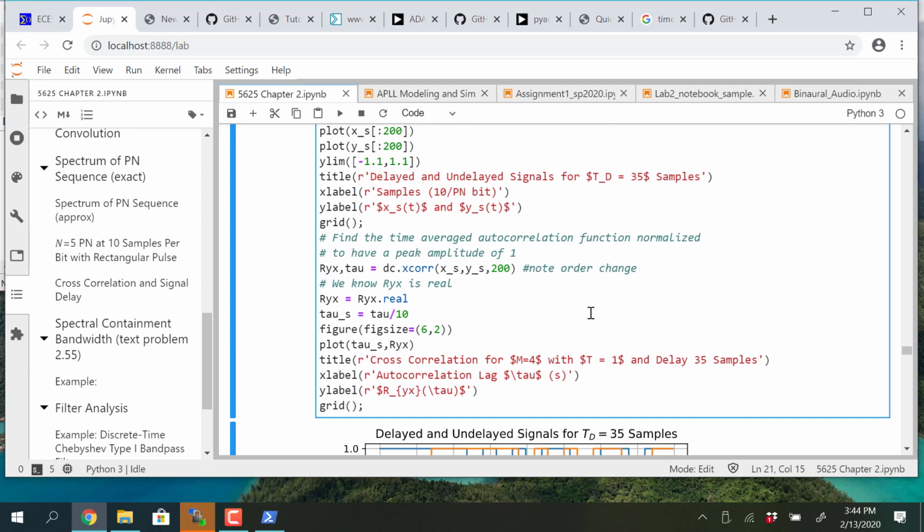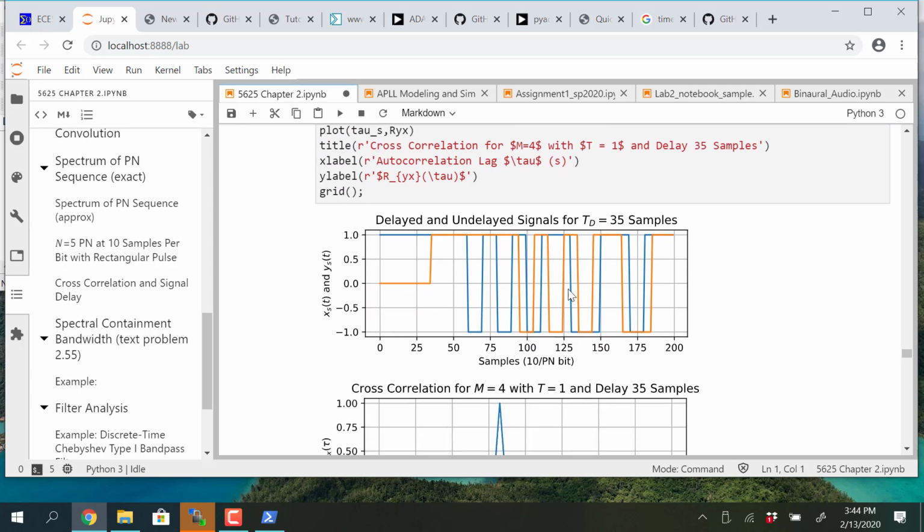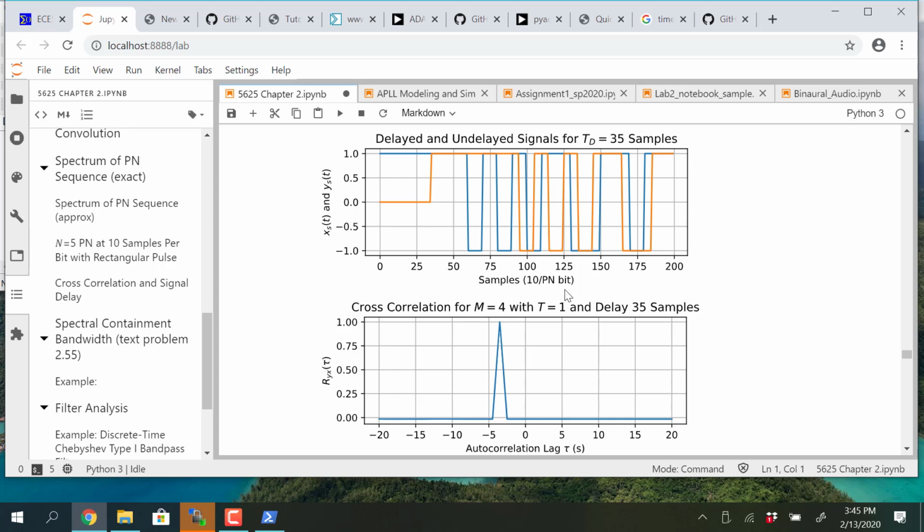In this particular case, I'm plotting the two waveforms, and I did some zero padding in here. That's some of the extra gyration, so they both start at 0, but the delayed signal has 0 stuffed in at the front.